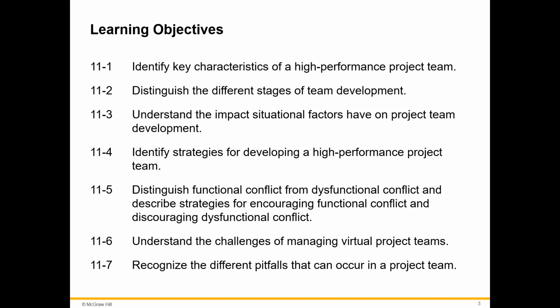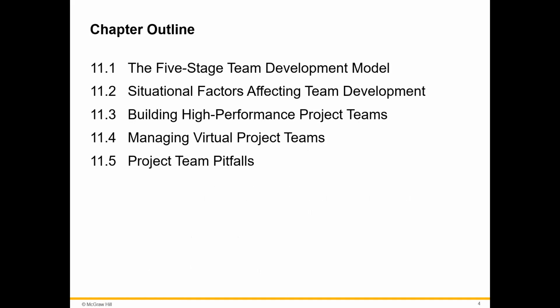Okay, so we have to understand the challenges of managing a virtual project team, recognizing the different pitfalls that could occur in a project team, and eventually making sure that you have a proper team altogether. So in our chapter outline for today, we're going to talk about the five-stage approach to a team development model.